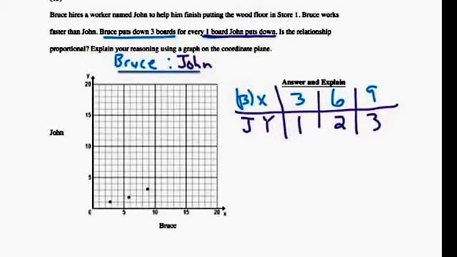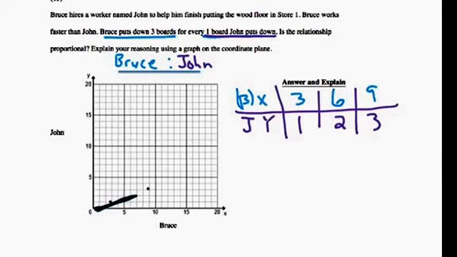So an example of what that sentence could be is that when Bruce has put down 0 floorboards, John has put down 0 floorboards. It needs to be a complete statement including both the x and y variables and the quantities 0 and 0 from the coordinate pair.